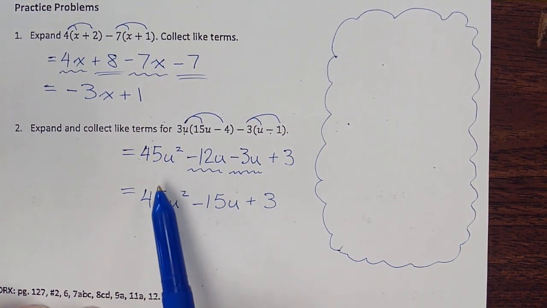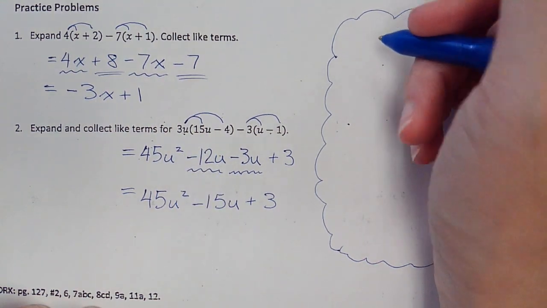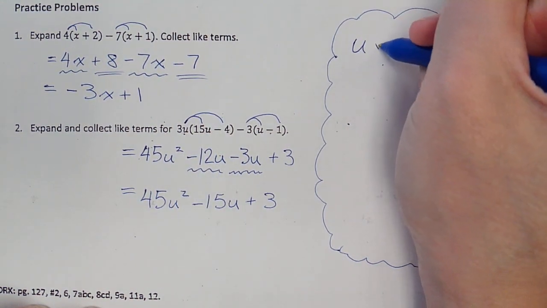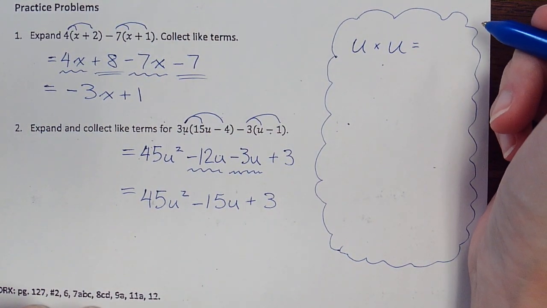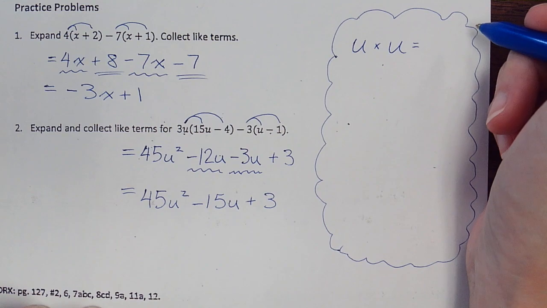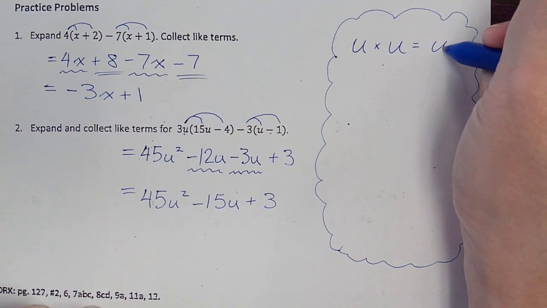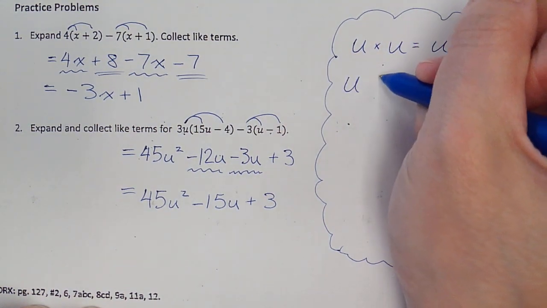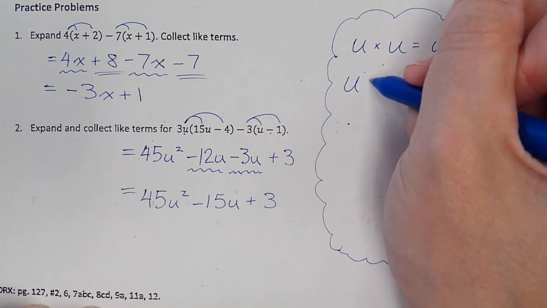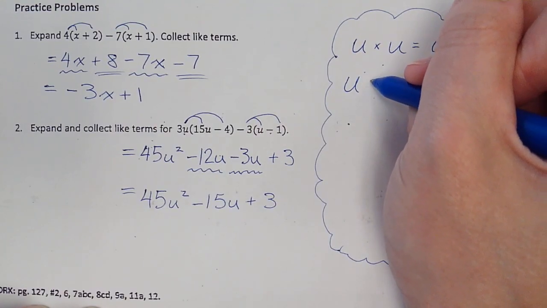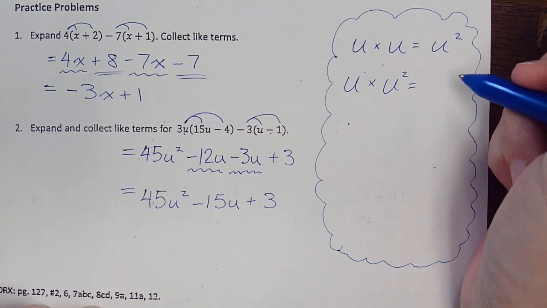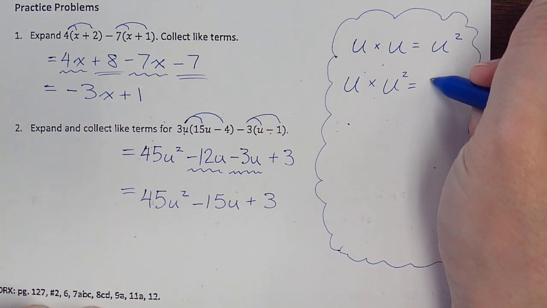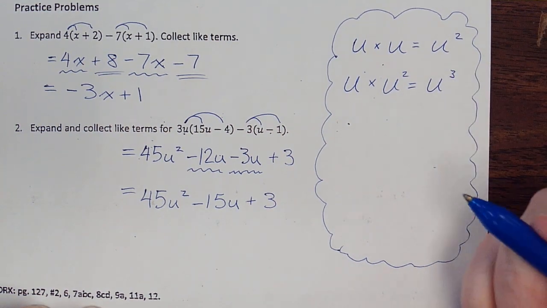Right here, remember, u times u equals? Armin? U squared. Good. What about u times u squared? Yep, u cubed. Good.